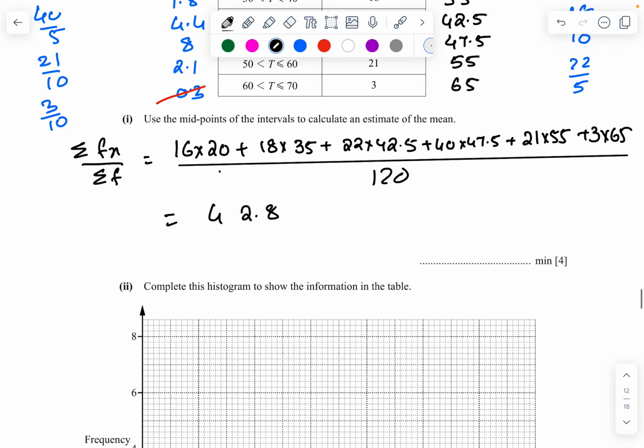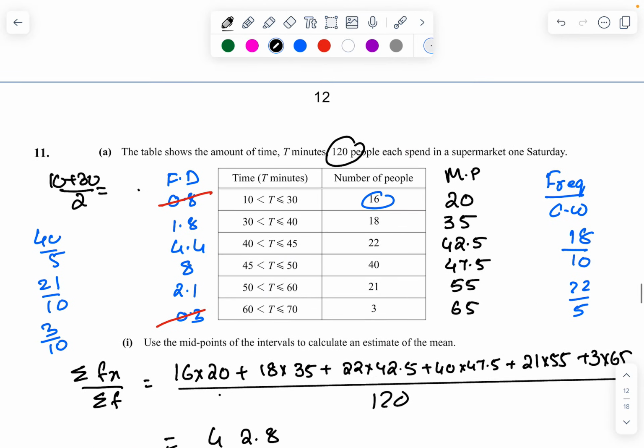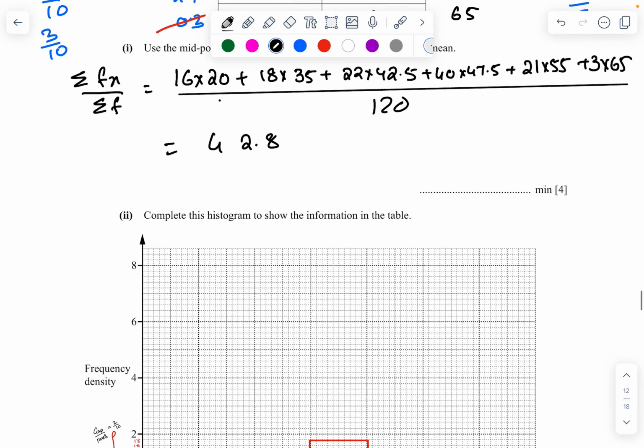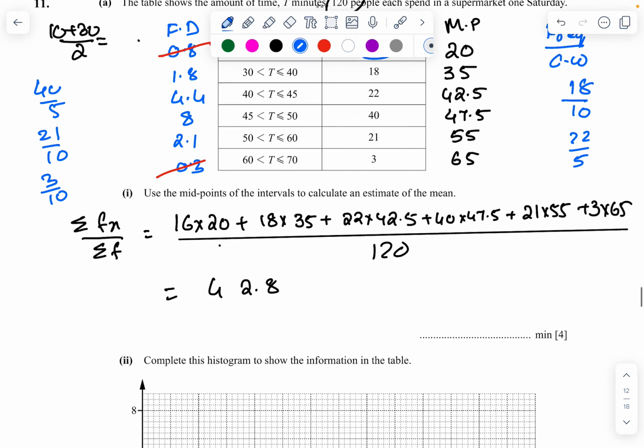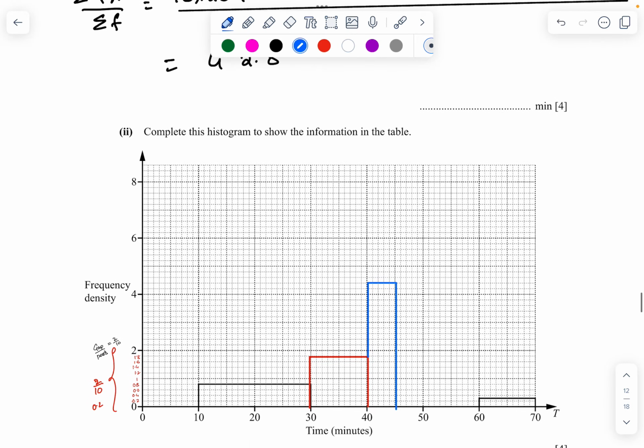Then the next one is nothing but what? From 40 to 45, it is 4.4. Then from 45 to 50, it is 8.